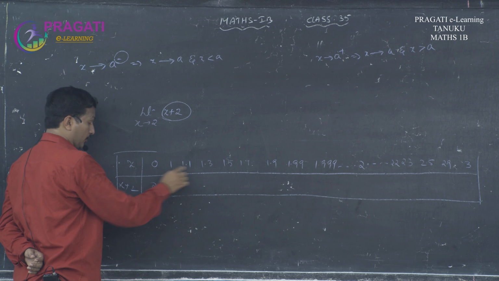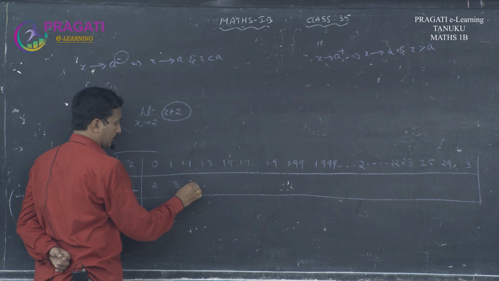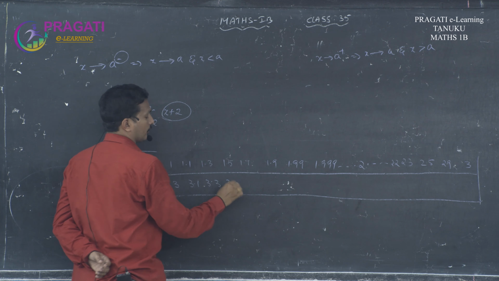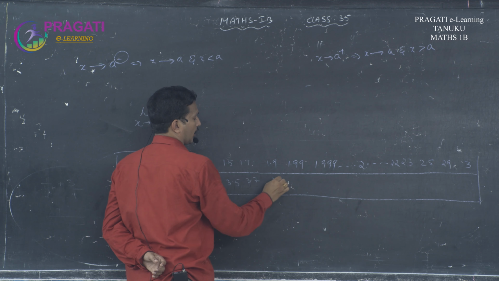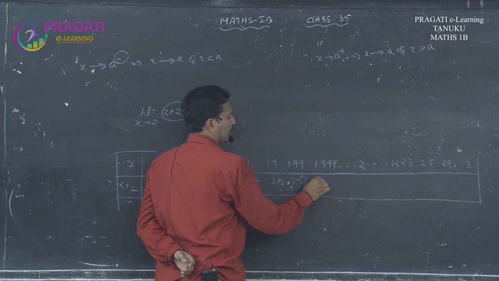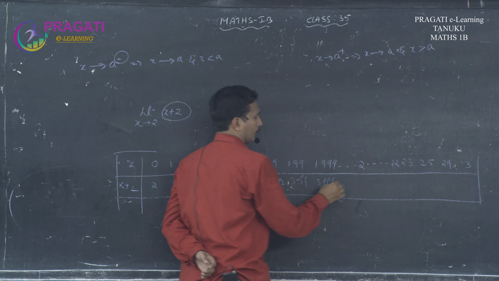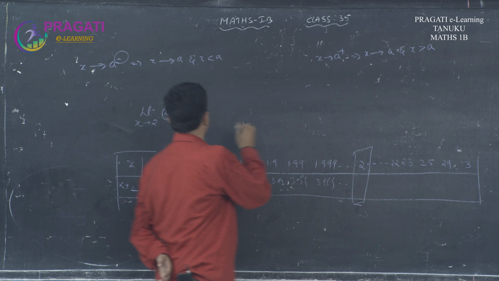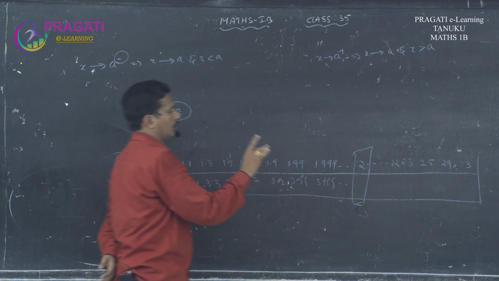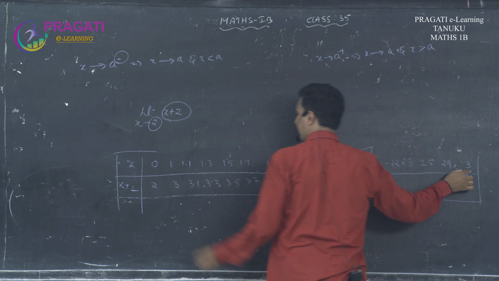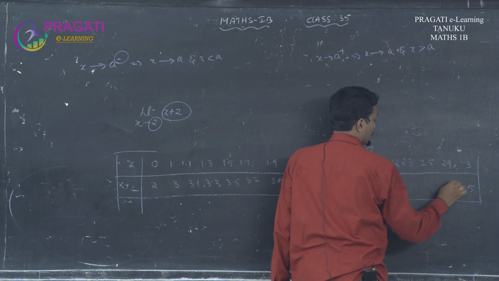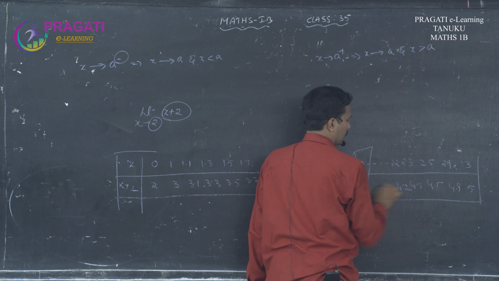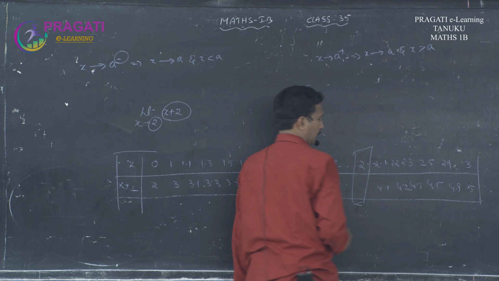If x takes 1.1, then x plus 2 is 3.1, 3.3, 3.5, 3.7, 3.9, 3.99, 3.999, and so on. Here, we check the value at x equal to 2. For the right side, 3 plus 2 is 5, 4.9, 4.5, 4.3, 4.2, 4.1, etc.